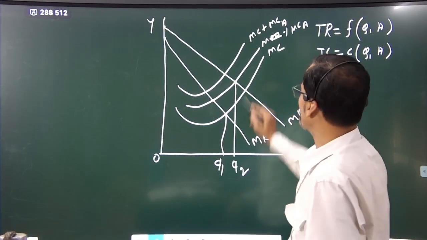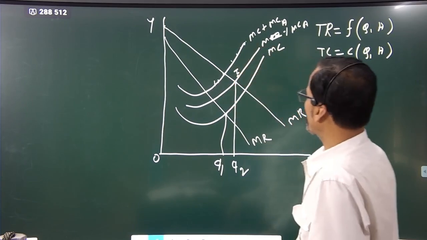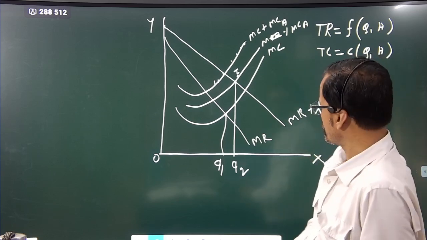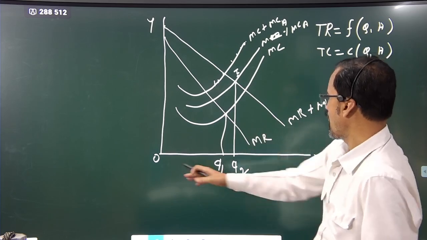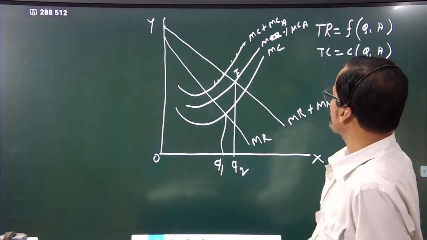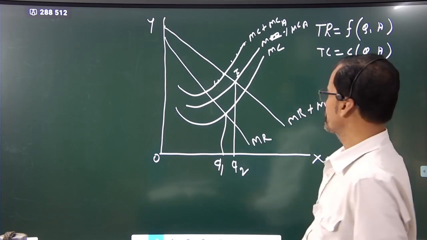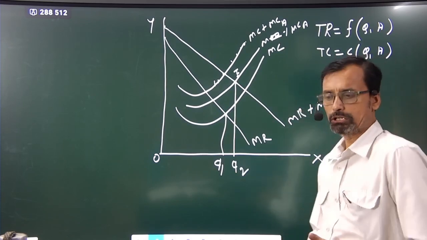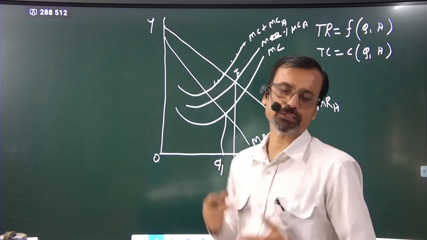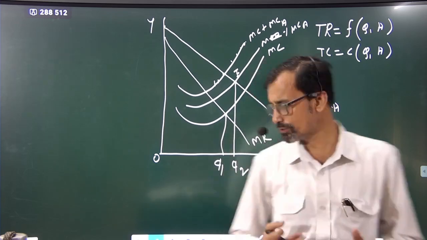So this is the new equilibrium point. Due to the advertisement cost, a higher output is able to be produced by the firm, and that is why marginal revenue and marginal cost both will be functions of not only quantity of output produced but also advertisement cost.